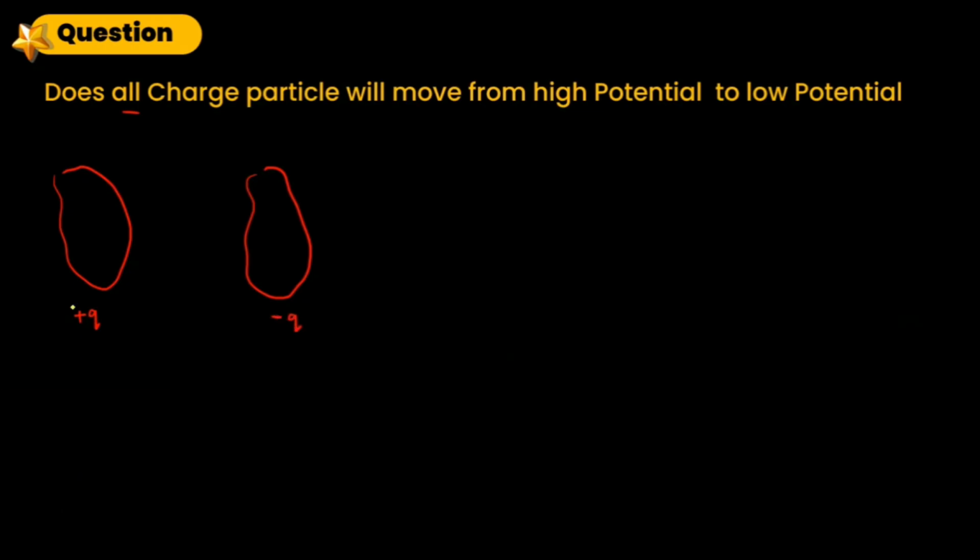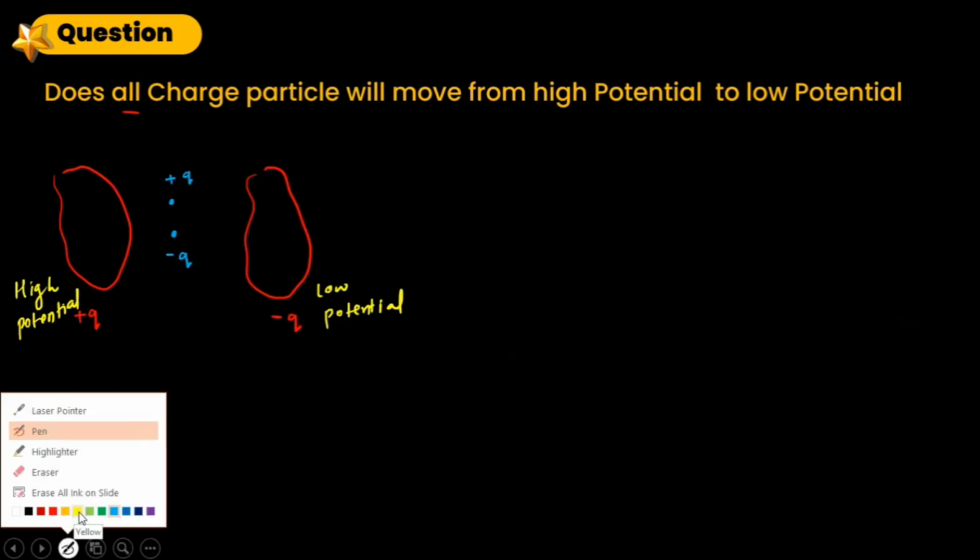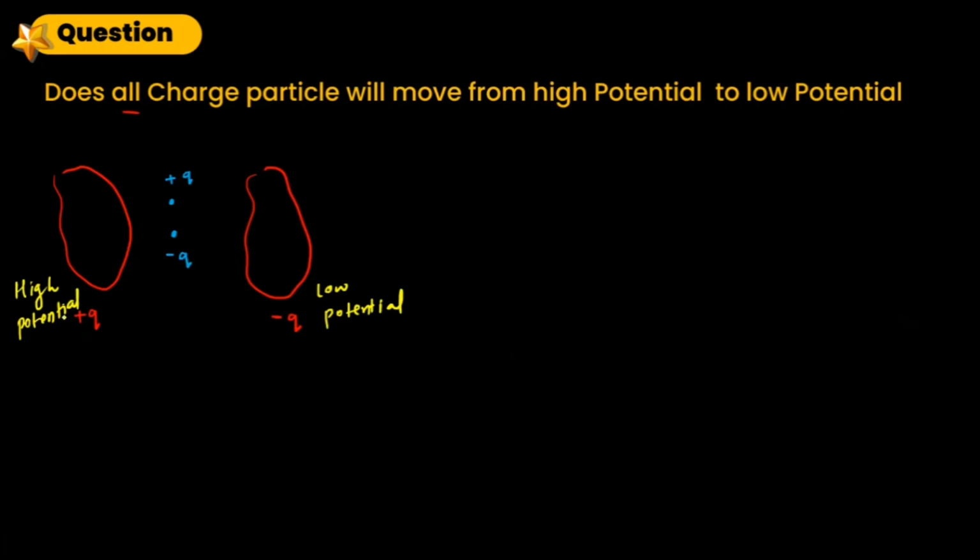See, high potential generally refers to that there must be some positive charge, whereas if we are talking about low potential, there must be some negative charge. Now let us just place the two charges, positive Q and negative Q. If you just look at these two charges which we have placed, this positive is going to repel this positive charge, so it will move towards this.